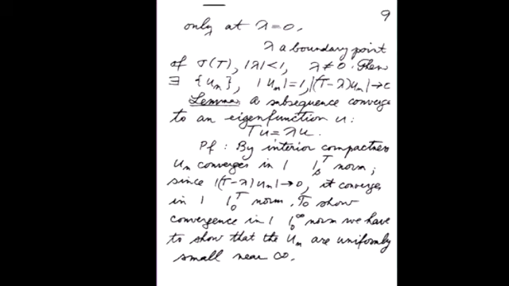Well, since we know that not the whole unit disk is the spectrum, we know that there must be points of the spectrum inside the unit disk which are boundary points of the spectrum.